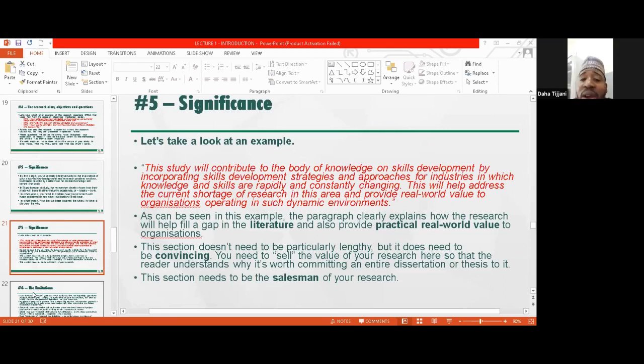Basically, you should explain who will benefit from your study. This part is the salesman of your research. You need to sell your research in this place by showing who will benefit from the study.